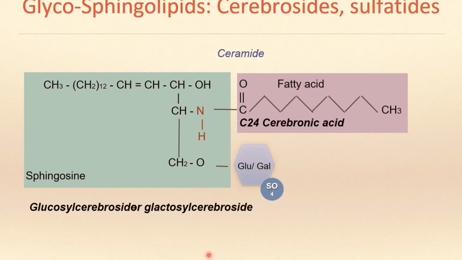Then next, they can also get sulfated, by taking the sulfate donor phosphoadenosine phosphosulfate, PAPS, and the enzyme will be a microsomal transferase enzyme, which can transfer the sulfate group to these glucose or galactose molecules.